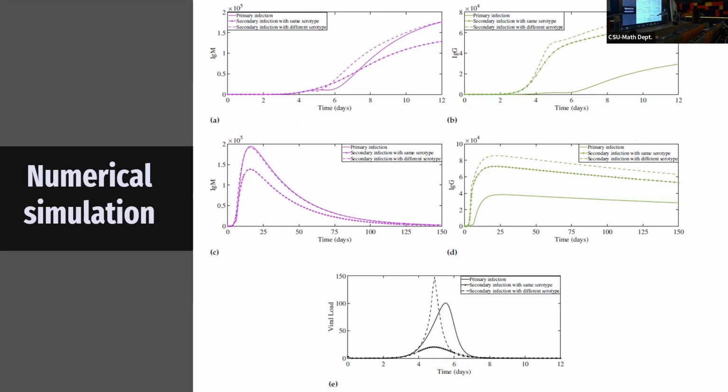We have the highest viral load for secondary infection with a different serotype, and also higher IgG, and all the results are consistent for the secondary infection with a different serotype.